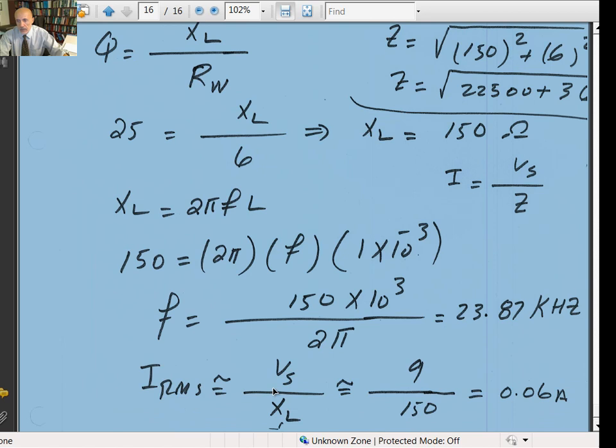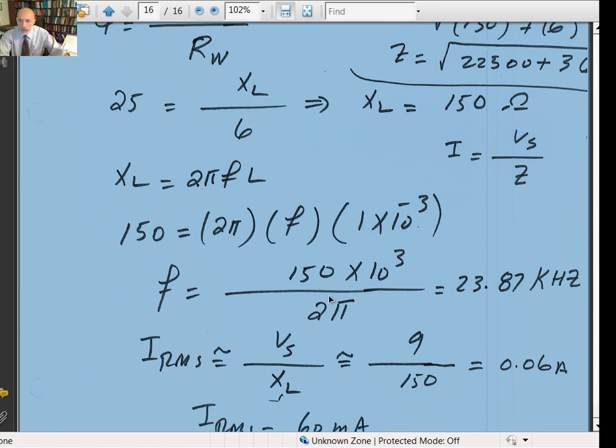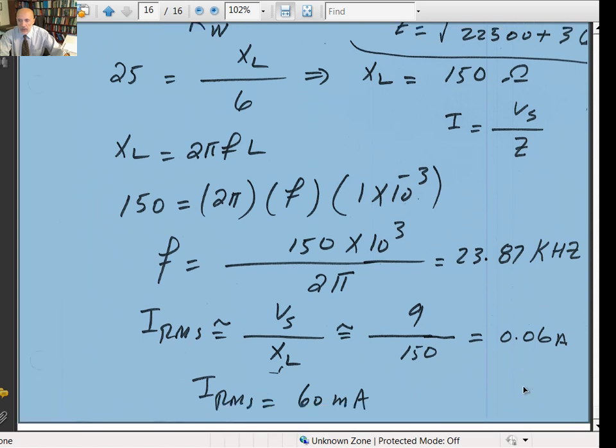And IRMS is approximately V of S divided by X of L. That's 9 volts given in the problem, and X of L we calculated to be 150. That's the approximation. It gives you 0.06 amp, so your RMS is 60 milliamps.